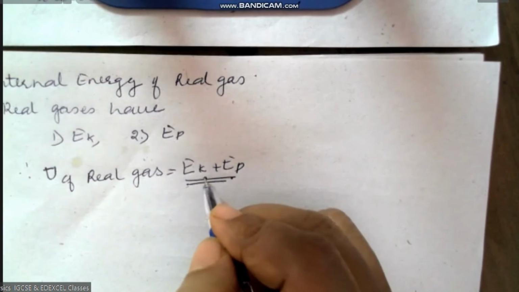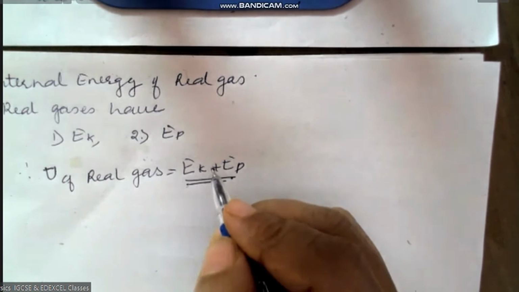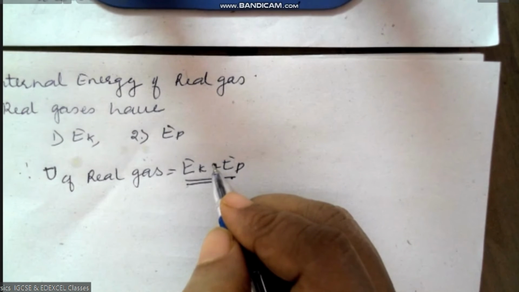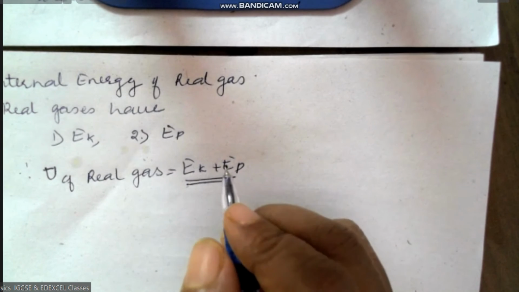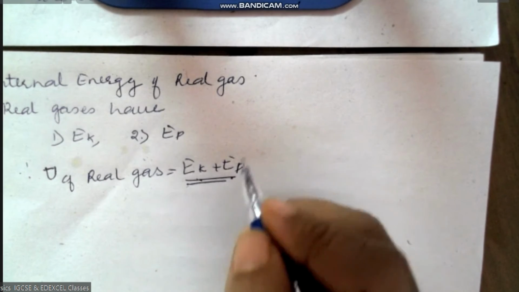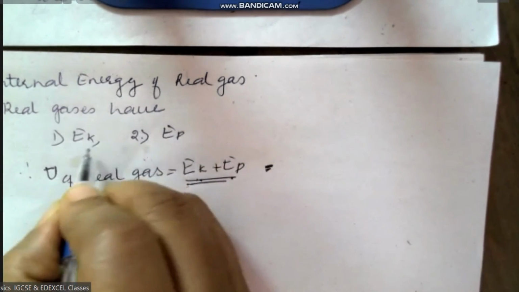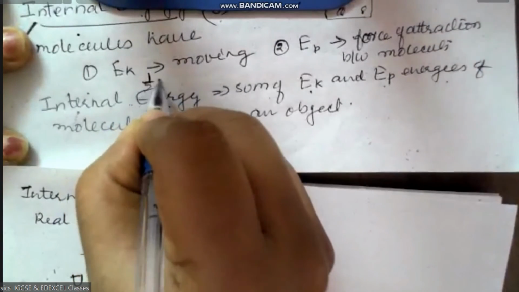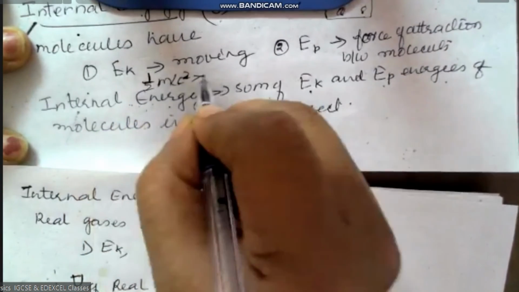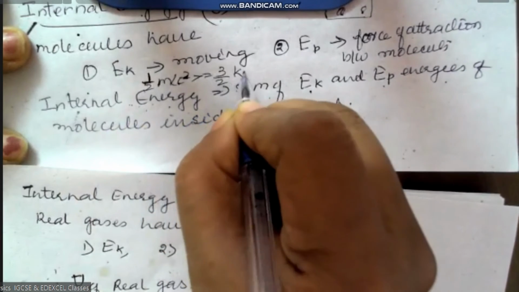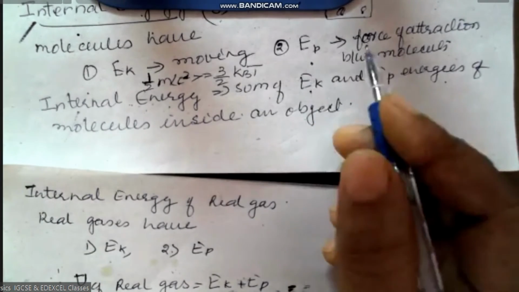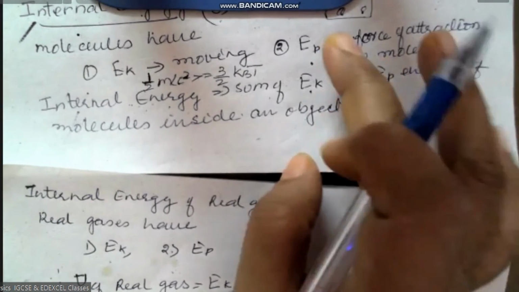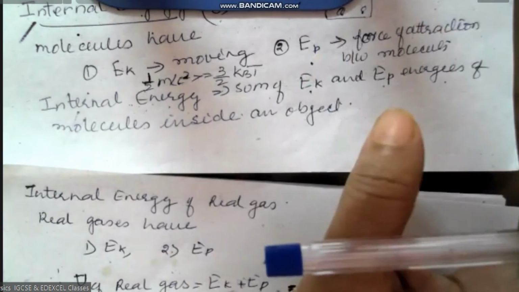Now, what is the formula for EK? EK is half mc square, which is equal to 3 by 2 kB into T. Now, potential energy is given by the van der Waals equation, which is a little complicated.